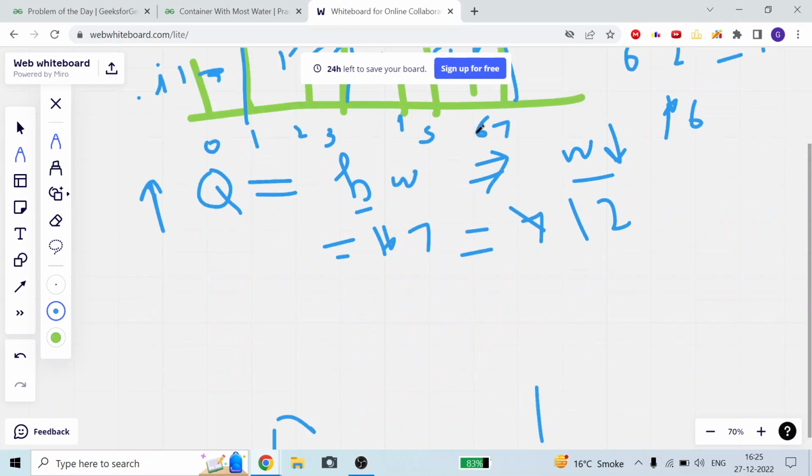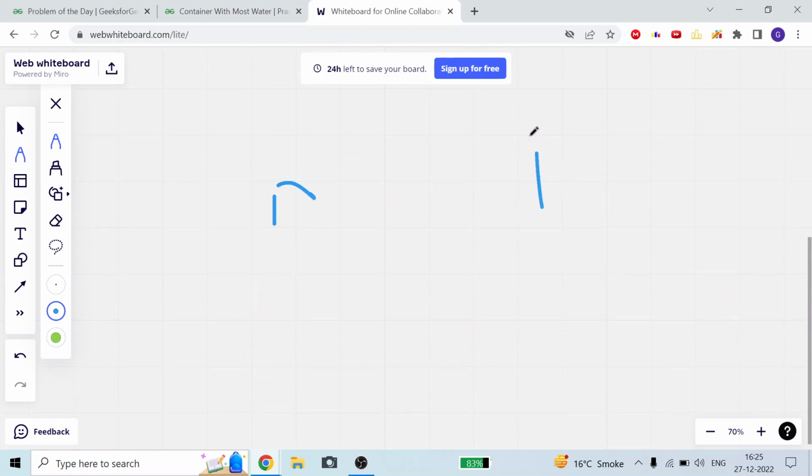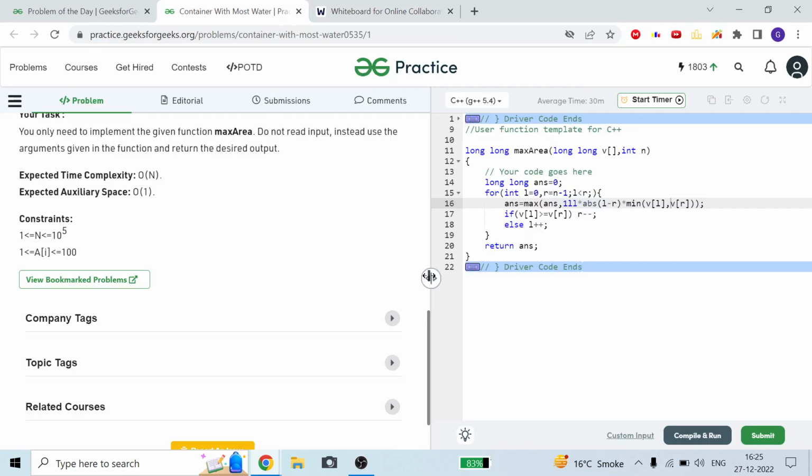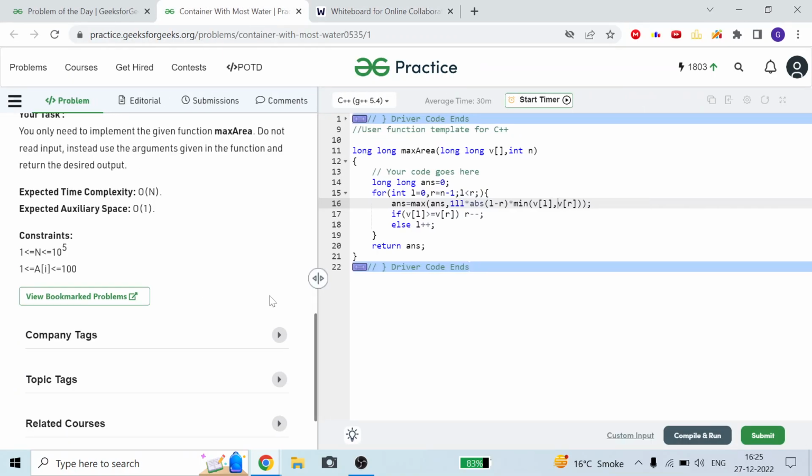So if my ith is the minimum, suppose my jth is the minimum, so we are moving ith in the hope that maybe we can go to some other maximum that will give us a bigger area. Okay guys, this is what we are going to do. Just make some sample cases for understanding in a better way, because self understanding is the best way of understanding an algorithm.